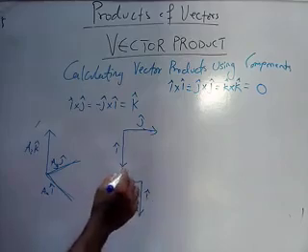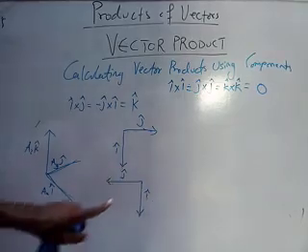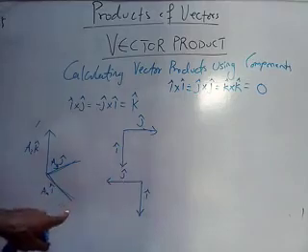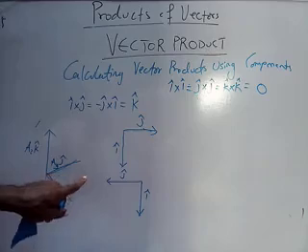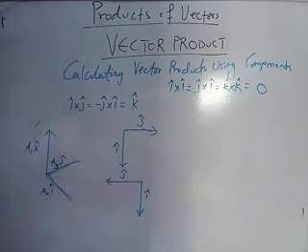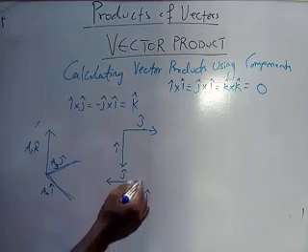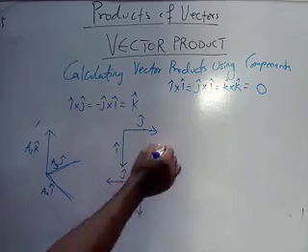You can see now the direction of J has changed. So when you cross these two, you are going to have a K.